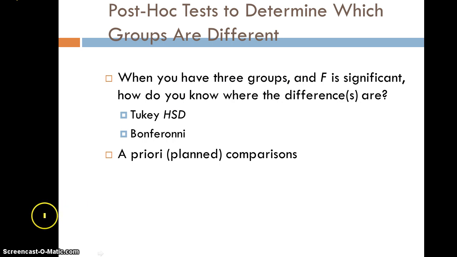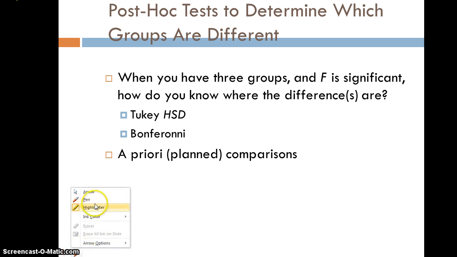So lastly, remember I said that analysis of variance is an omnibus test. So to figure out which of those groups are different from each other, we use what are called post hoc tests, which means that they're conducted after the fact. When you have three groups and F is significant, how do you know where those differences are?